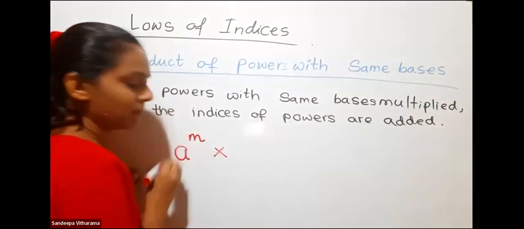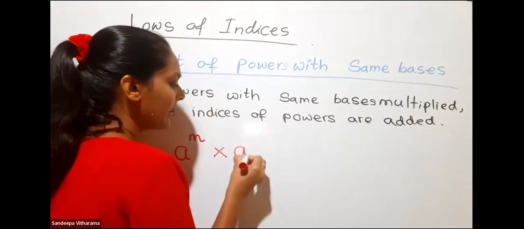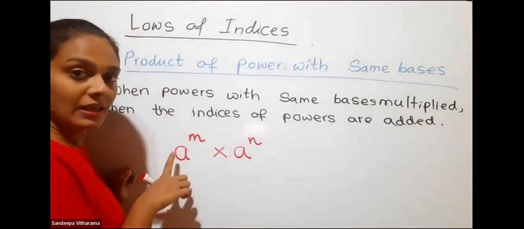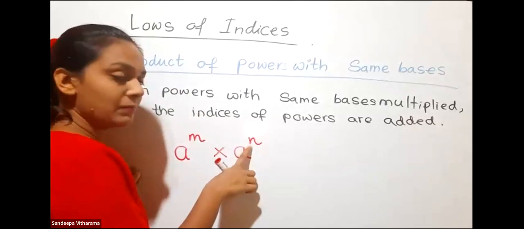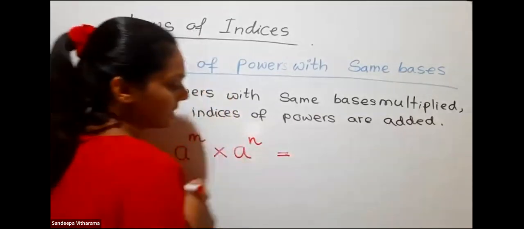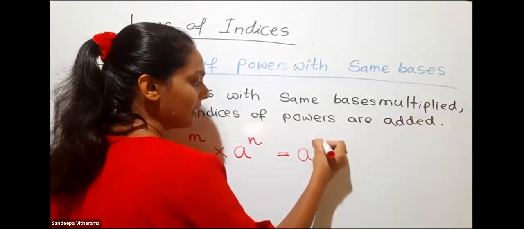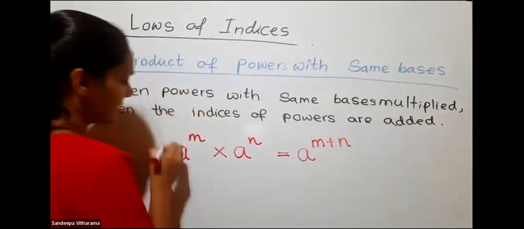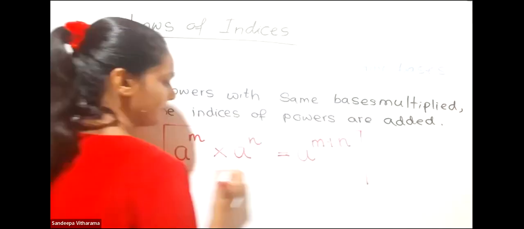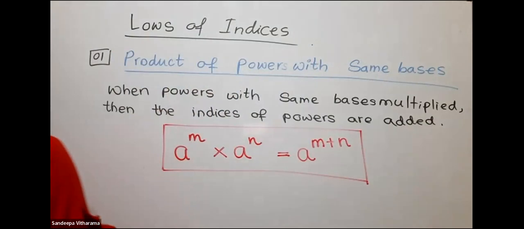It is multiplied by, that means this power term is multiplied by a to the power of n. That means another power with the same base, it is multiplied n times. Then the answer that we obtain is a to the power of m plus n. Then let's see how we apply this.